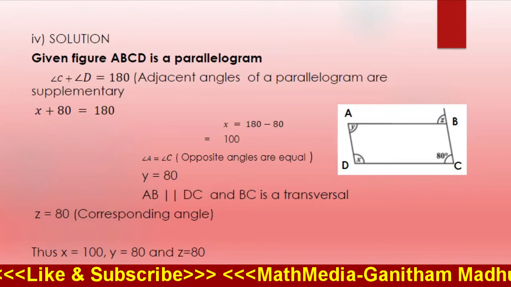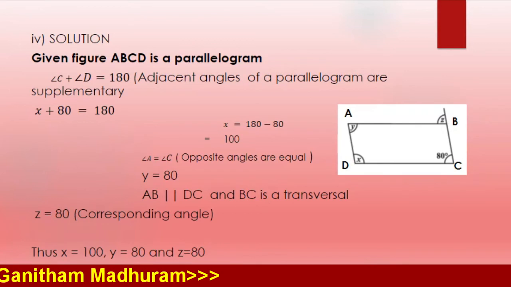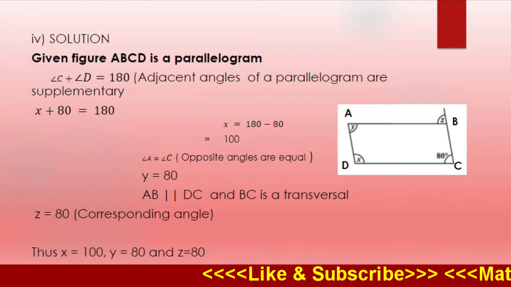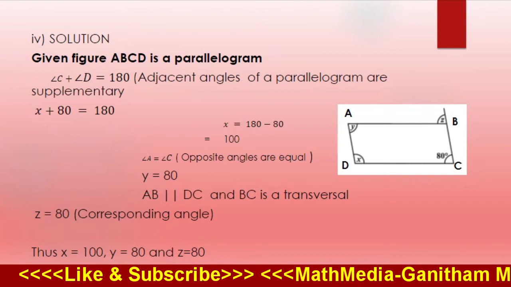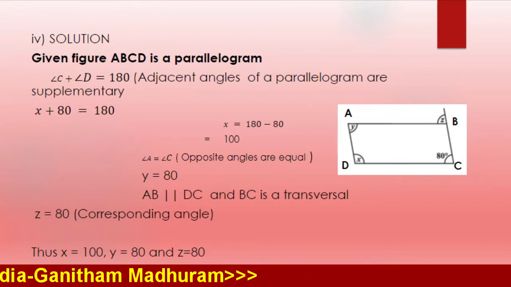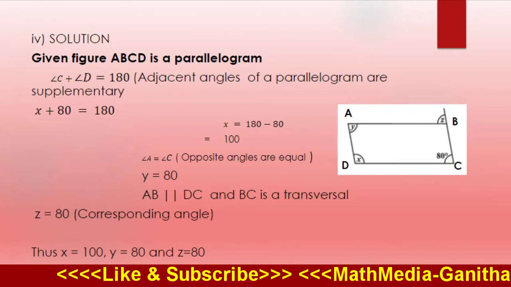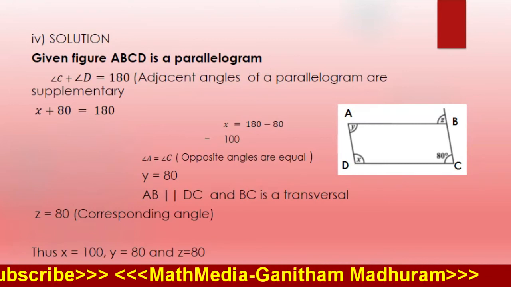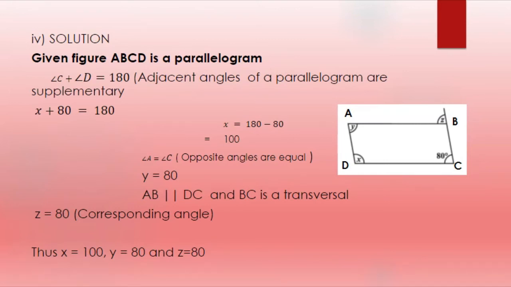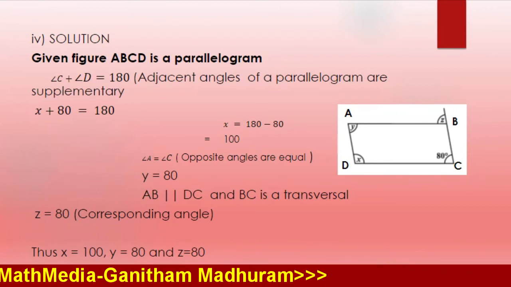Similarly, angle z lies above the line AB. Hence, they are corresponding angles. If the lines are parallel and intersected by a transversal, then the corresponding angles are equal. Hence, angle z equal to 80 degrees. Thus, we get x equal to 100 degrees, y equal to 80 degrees and z is also equal to 80 degrees.